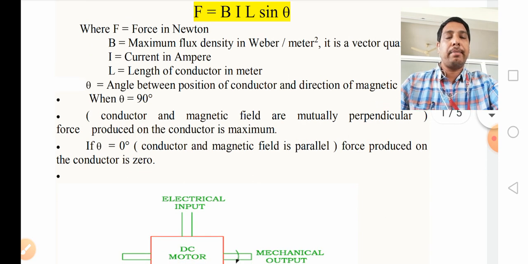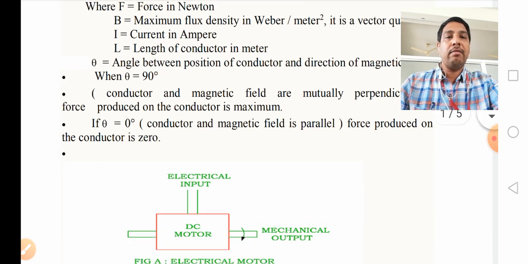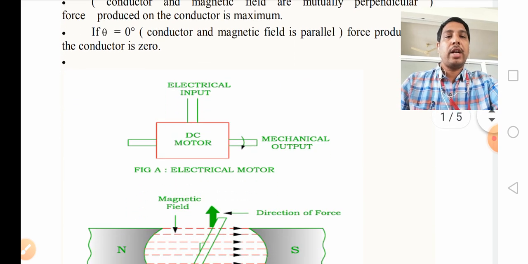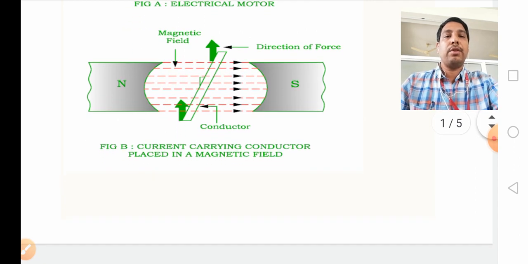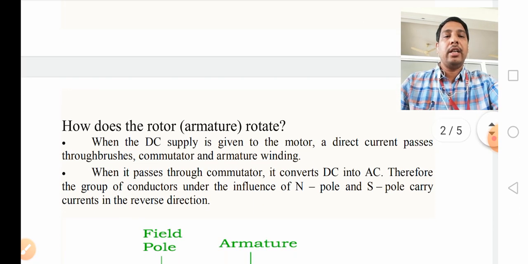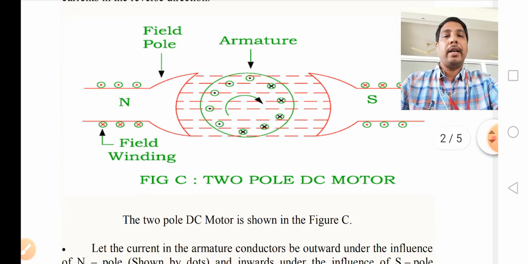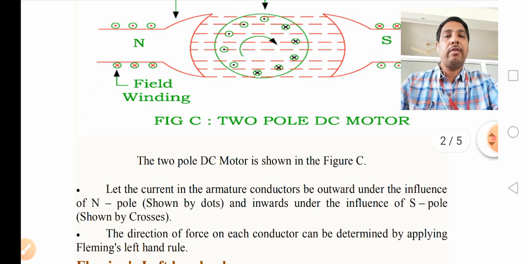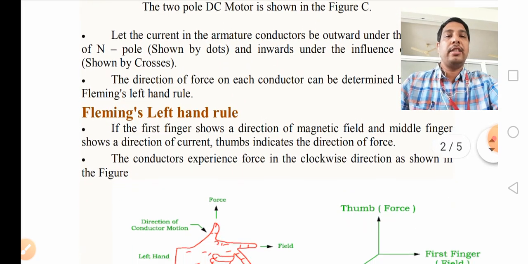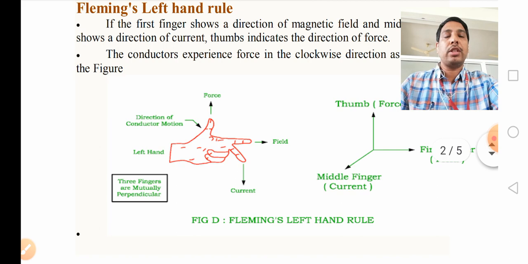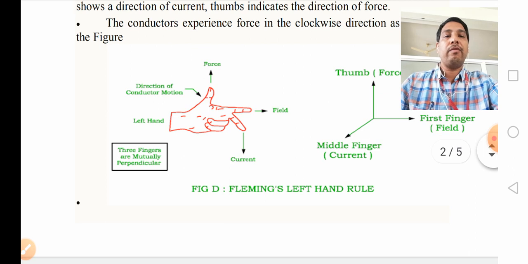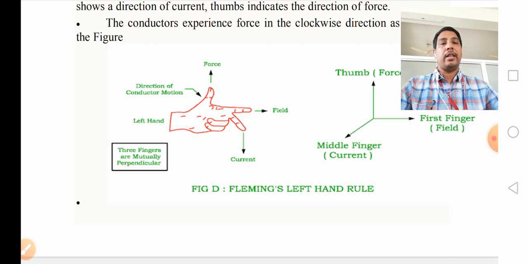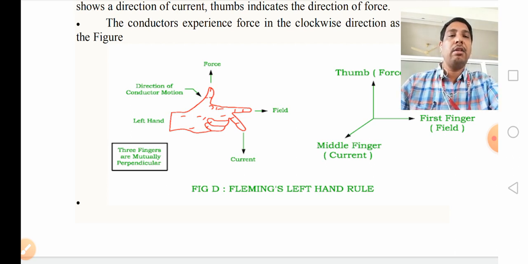According to the angular position of the rotor, the force changes, and the back EMF always opposes the sudden change in the input voltage supplied to the motor. The back EMF produced is similar to the generator value, phi Z n by 60 into P by A.